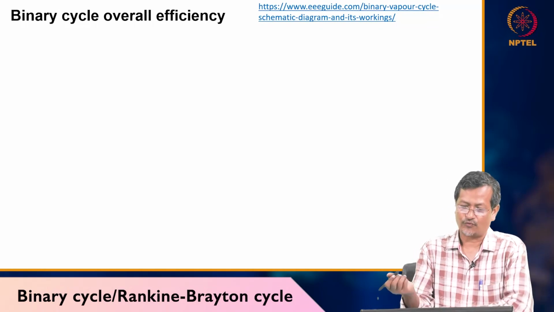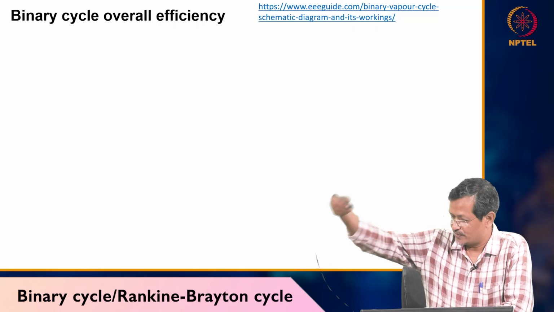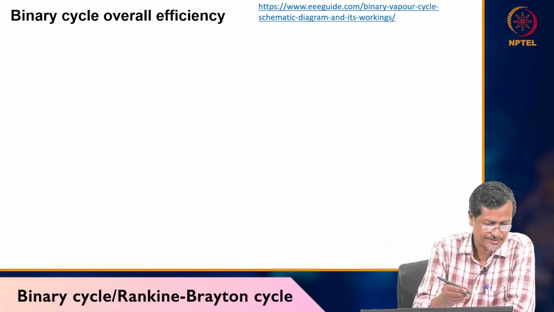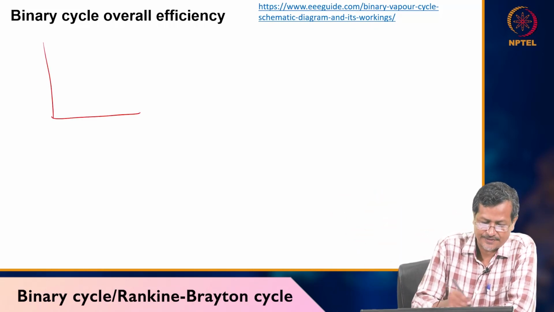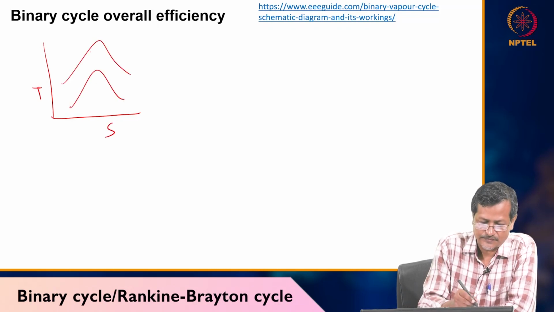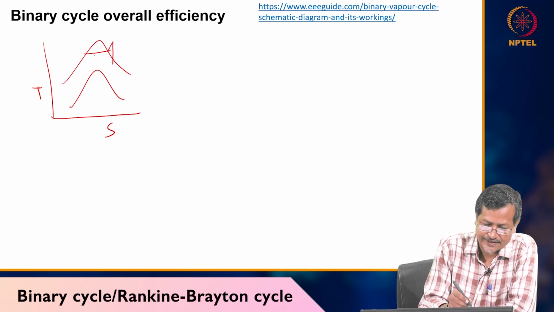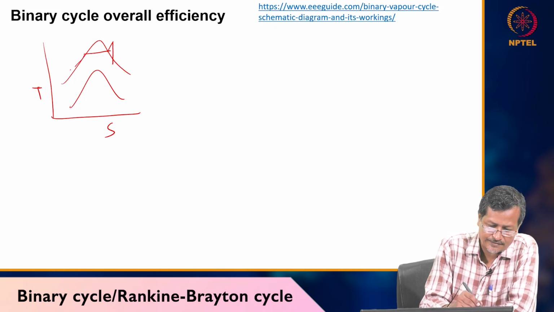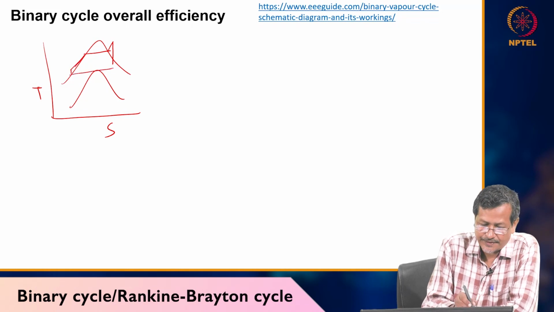Okay, binary cycle overall efficiency. So how to calculate overall efficiency for two cycles? First you draw the two cycles on a TS diagram. I'm drawing the cycle again. I will have one pump here.